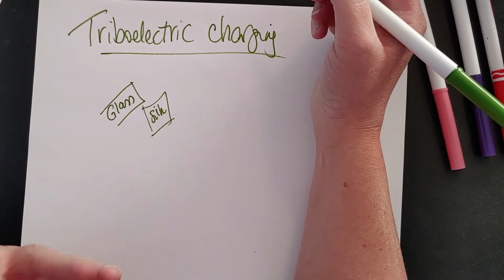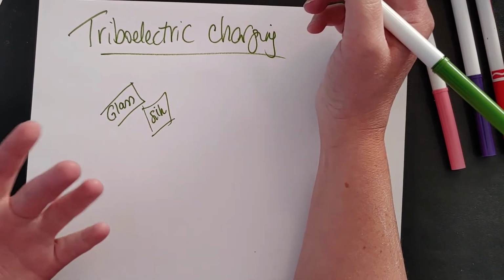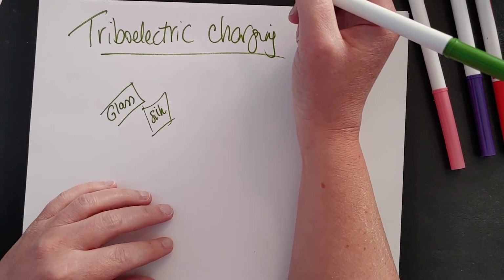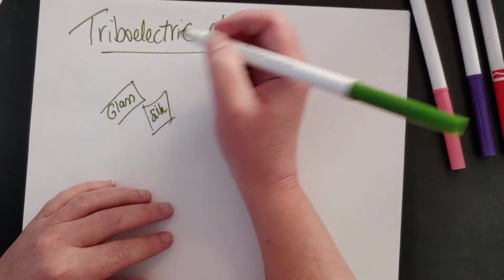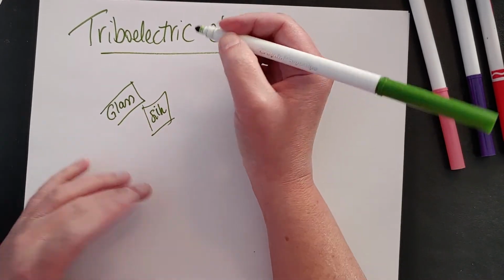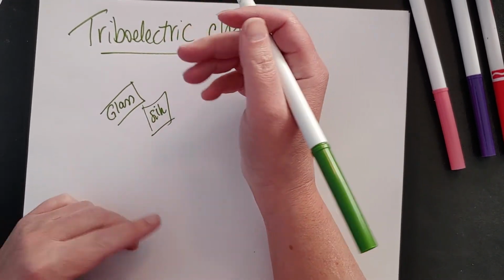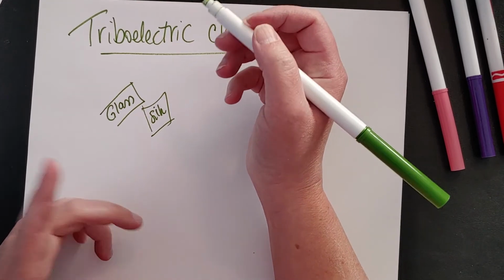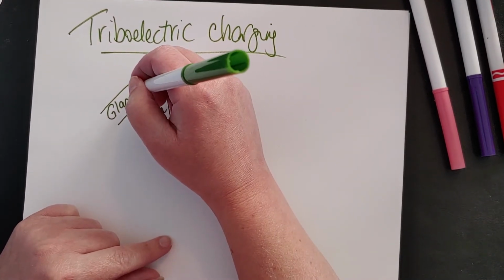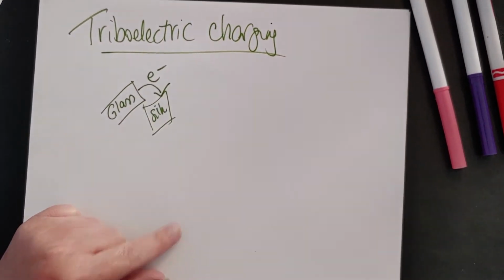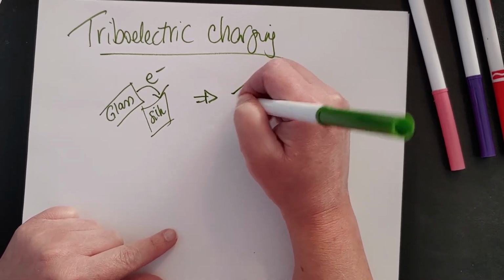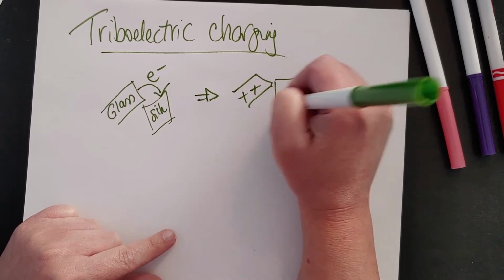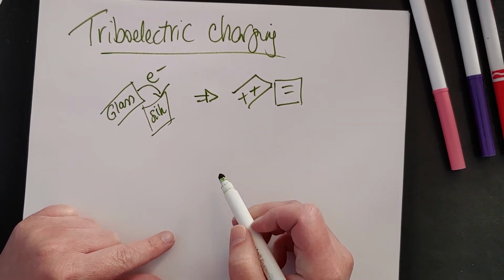That is not something that I've ever committed to memory, but you science bowlers occasionally might like to do that. And actually, I found a question where it asked, when glass and silk are rubbed together, what happens? So all I knew was the electrons go one way or the other. I don't know which way, but apparently the electrons go to silk, which then, of course, means that you end up with a positive glass rod and a negative silk.